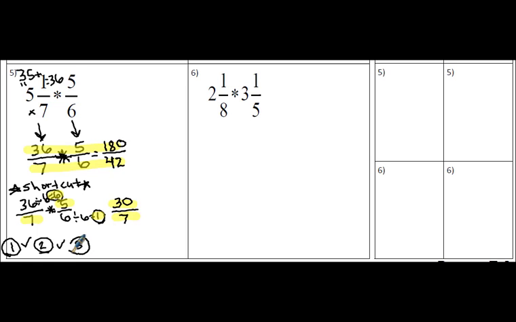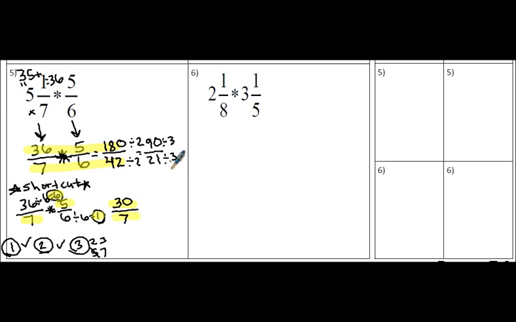So I've multiplied across, and now I'm going to simplify. So I'm going to divide by 2, 3, 5, 7. Can't divide by 5, and I see that they're both even, so I could divide by 2. So 180 divided by 2 is going to give me 90, and 42 divided by 2 is going to give me 21.